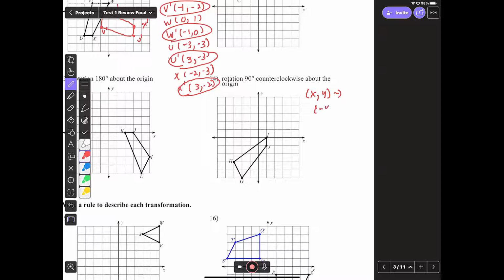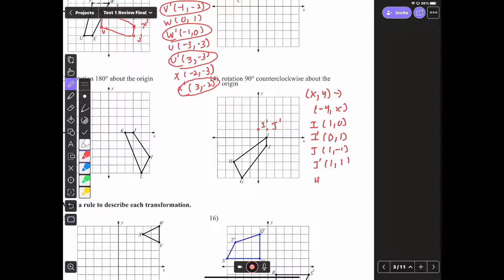So it's going to be negative y, x. So you have I prime. Let's go back to I. I is 1, 0, so I prime is 0, 1. So that's I prime. J is 1, negative 1. So J prime, we have to switch it, so it's going to be 1, 1. That's J prime.